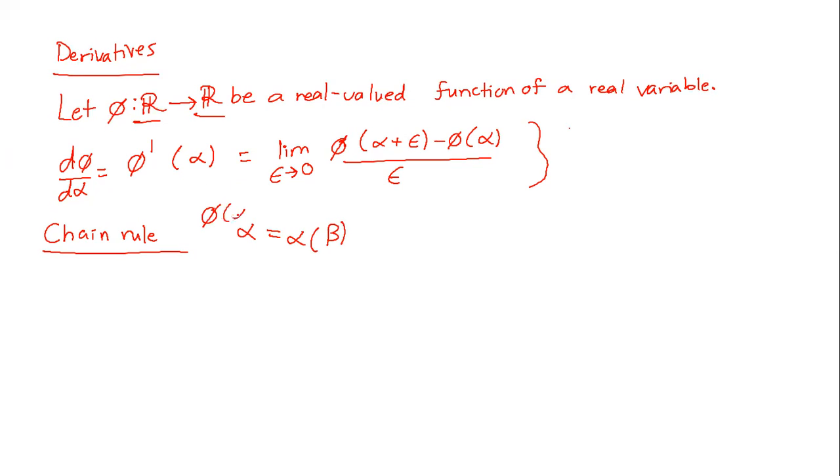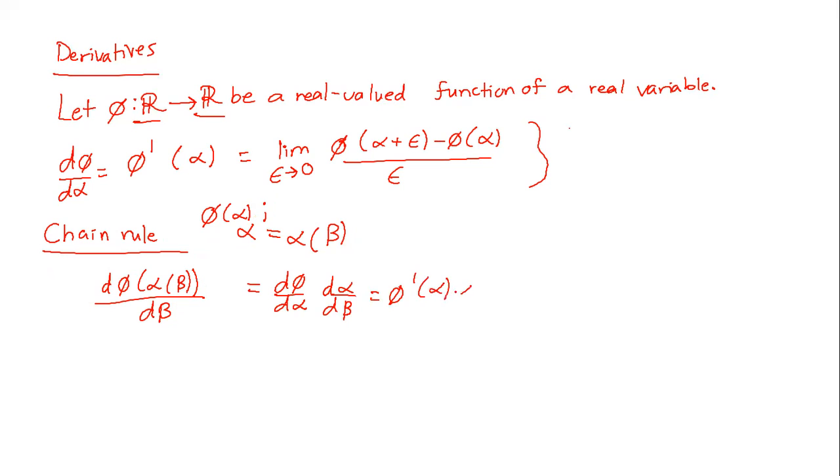So as beta changes, phi is going to change. The chain rule is d phi of alpha of beta over d beta equals d phi d alpha over d beta, which equals phi prime of alpha times alpha prime of beta.